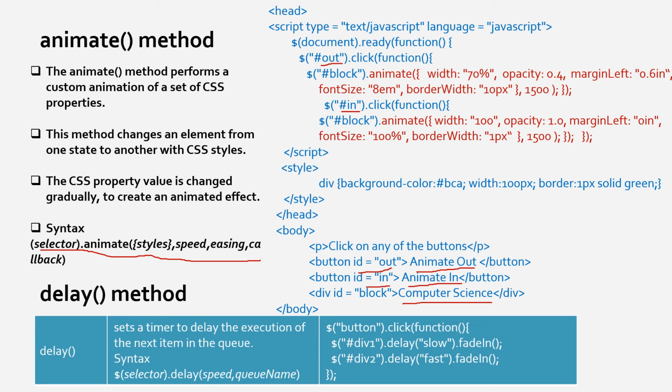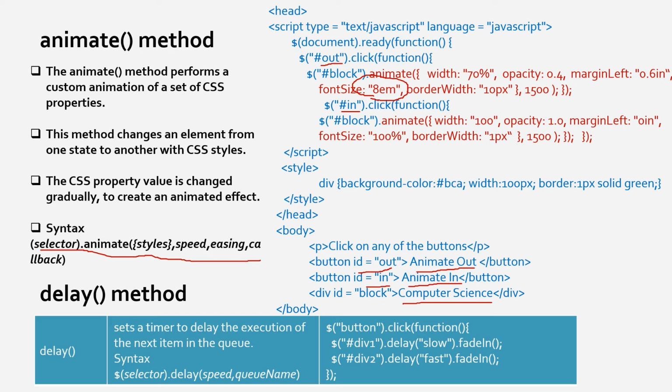And the important thing is that while it keeps zooming, the size should increase 8 times, like that we need to specify. If you want to decrease it, you need to modify it here only. The font size should be modified accordingly so that the text variation will happen. Okay, this is about the animate function.